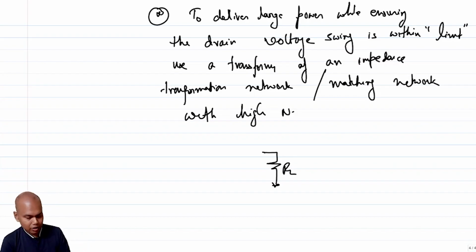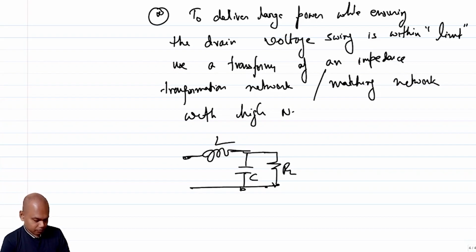We have to reduce the current that flows into the RL, which means that we would probably need a C here and an L here to ensure that this impedance ratio is appropriate.